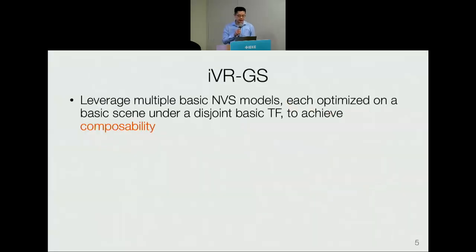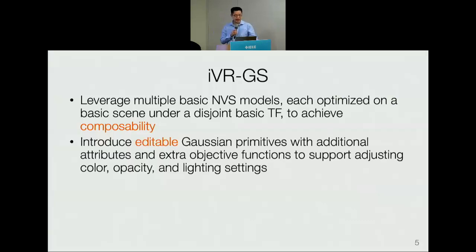So we propose IVRGS. The main idea is to come up with some basic models. These are trained separately for different parts of the transfer function. Once you train the basic models, you can compose them effortlessly, so you are able to create a scene. We also introduce an editable Gaussian primitive. Once you train the model, you can tweak the lighting parameters and generate new visualizations.